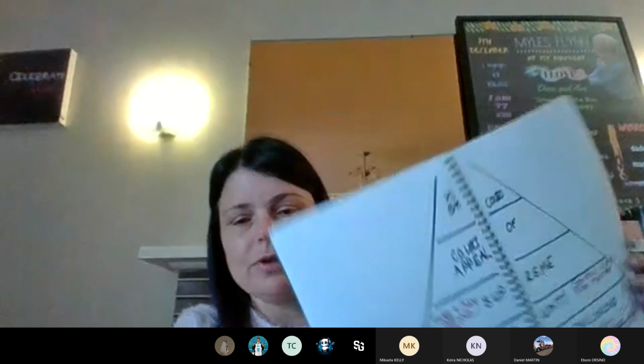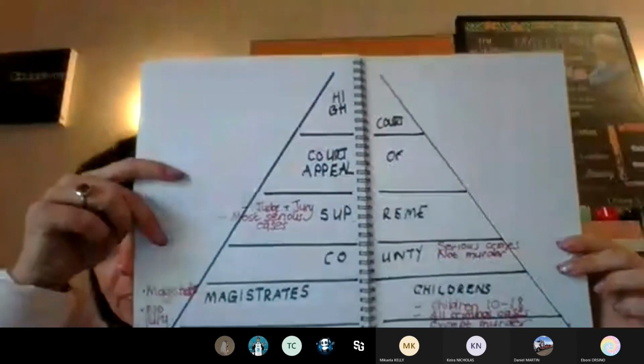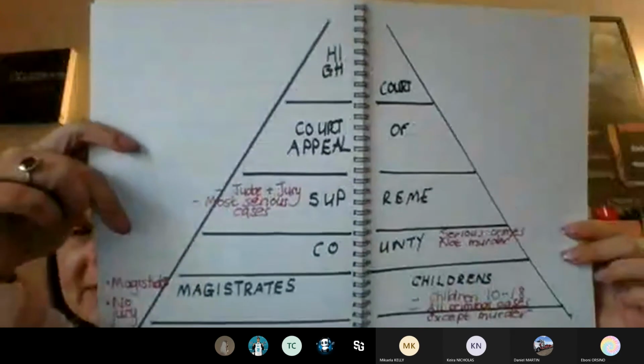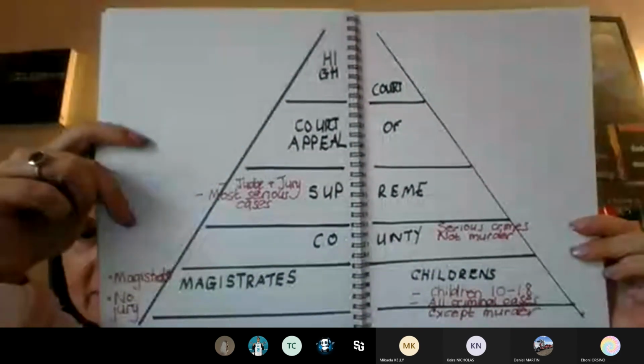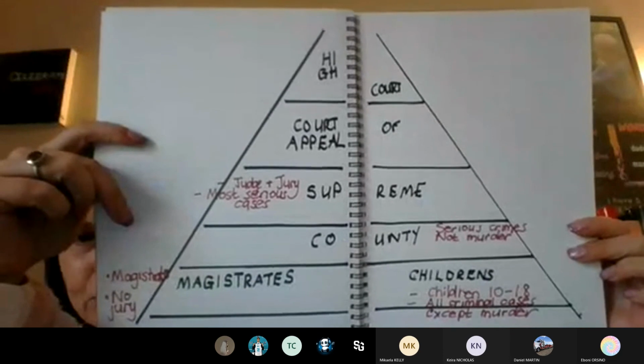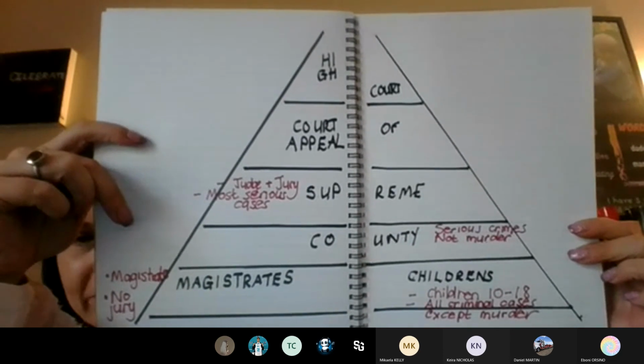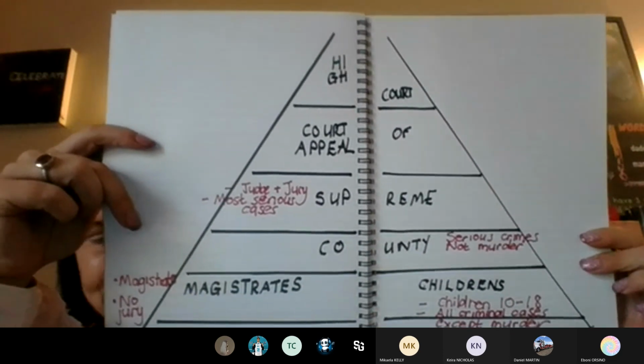It doesn't really matter actually where you draw it, and label it. So what I've done here is I've taken a book and I have used double sides, and you can see I've written in black the courts, starting off at the magistrates, going to the children's, the county, and moving all the way up to the High Court of Australia.